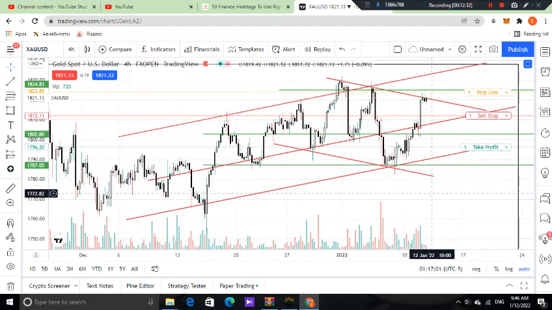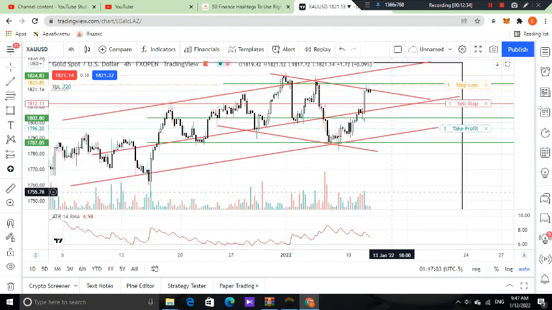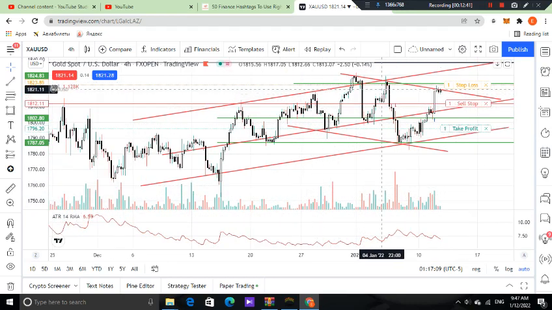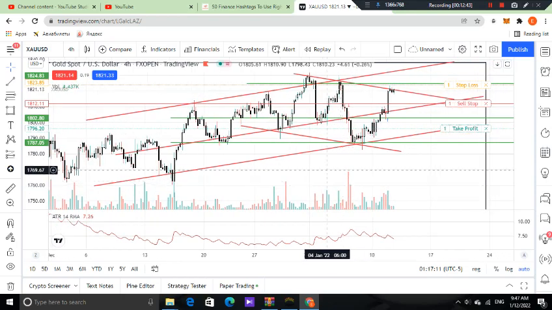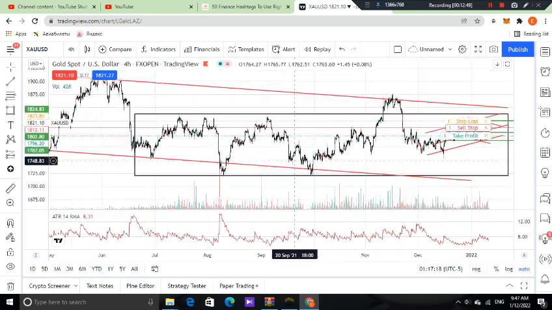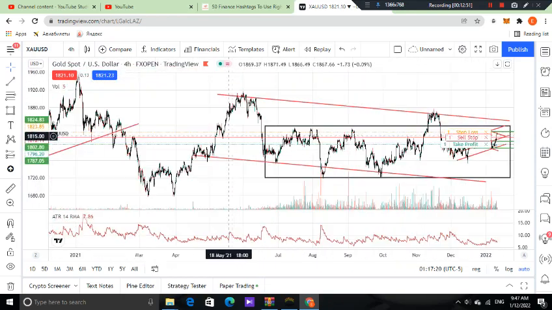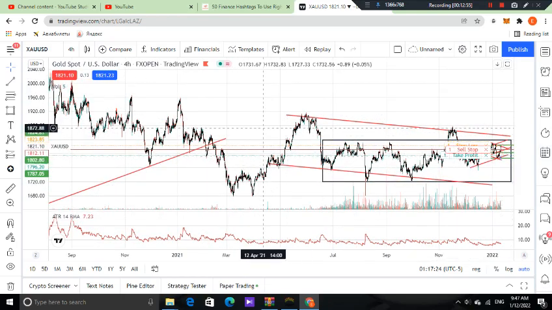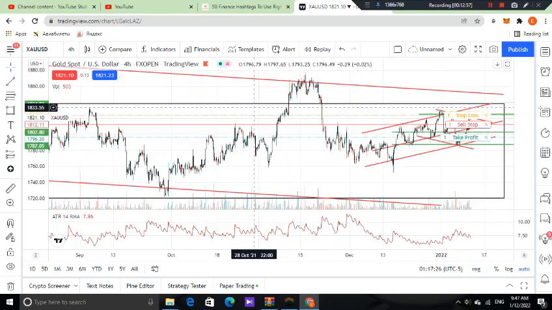But if you have a closer look at this chart, you can also see a bearish channel inside this bullish channel, which itself is inside this trading range, and this trading range is inside this bearish channel in higher time frame.